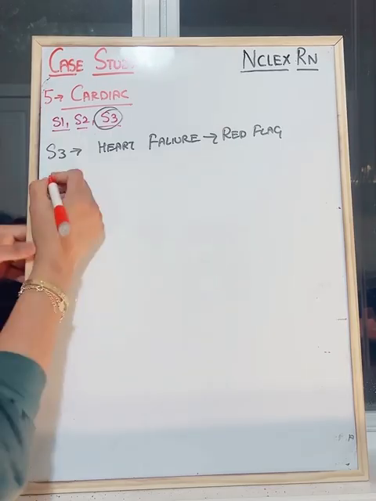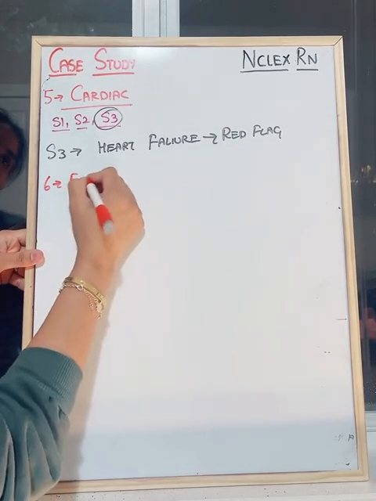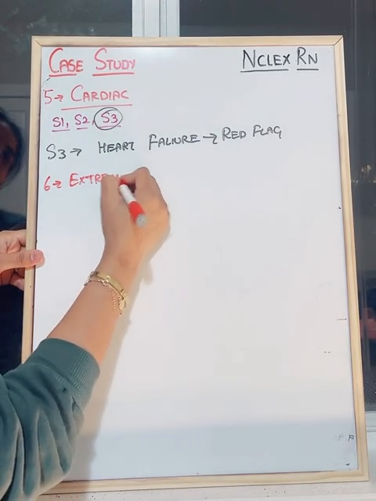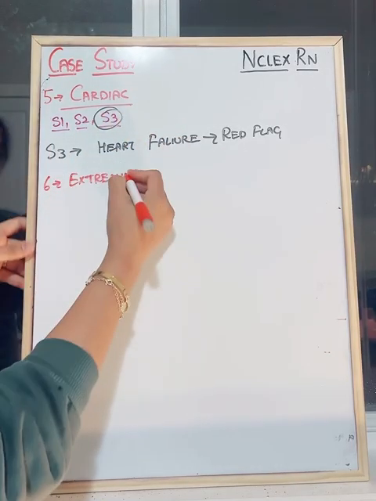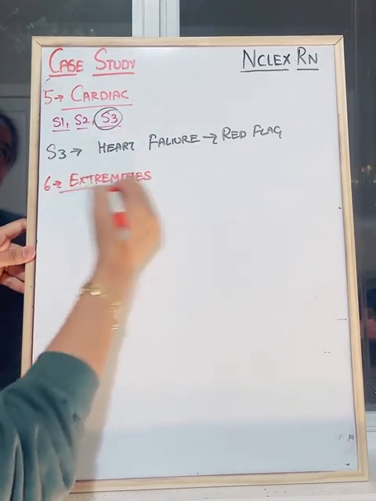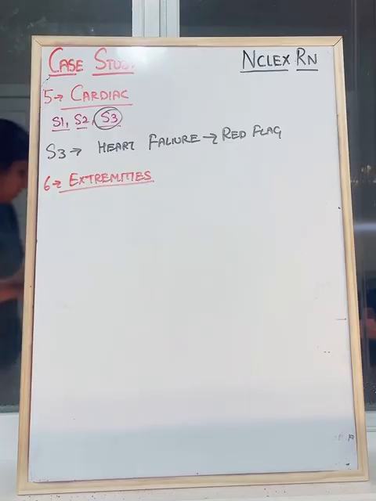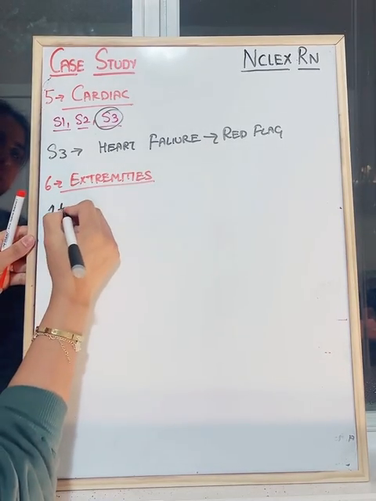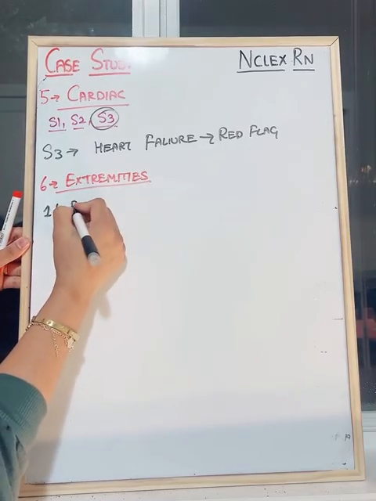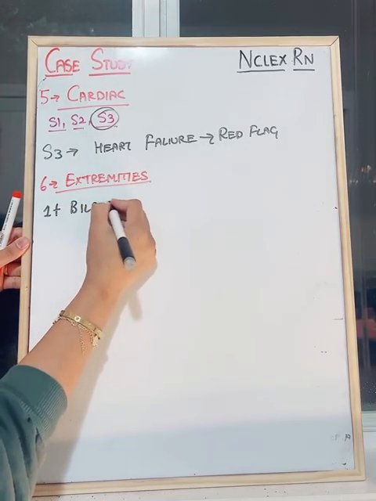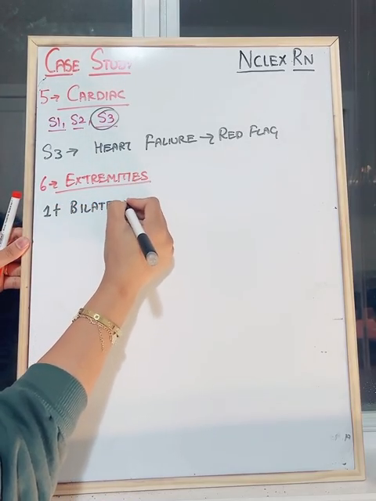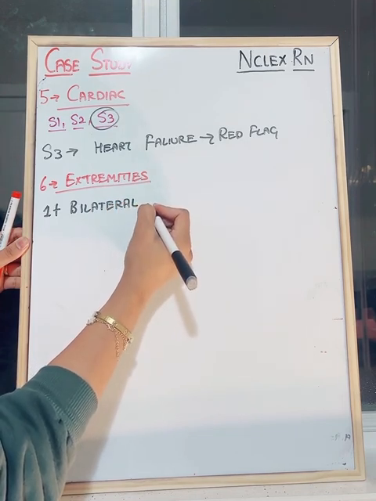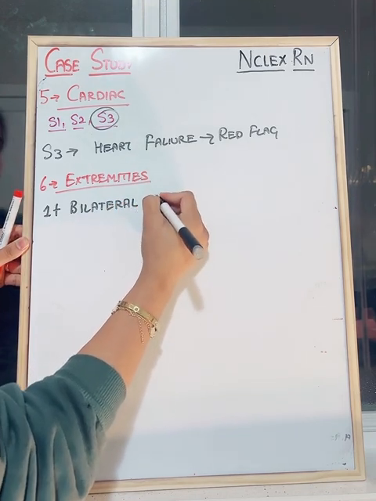So next, extremities. This is the breakdown of the whole scenario. Extremities: 1 plus bilateral pitting edema.